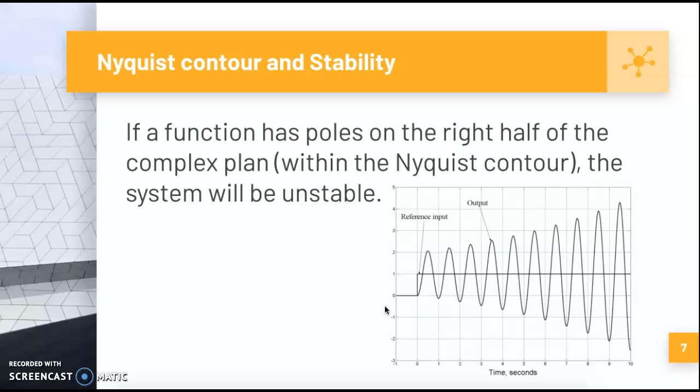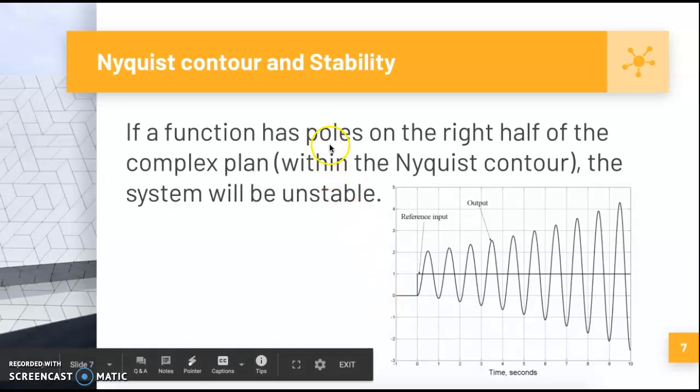So in reality, we have forces to counteract that. We have air resistance, and eventually the ground will hit that. But if we had this infinite idea where gravity and another force are both acting in the same direction, they would accelerate out of control. And that's kind of what happens when a function has poles on the right half of the complex plane.